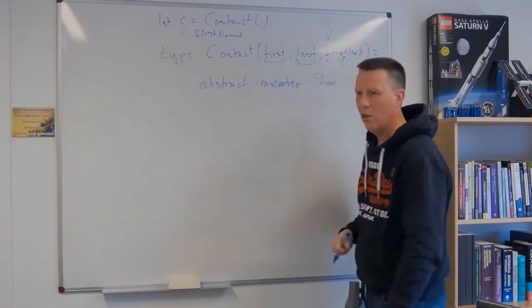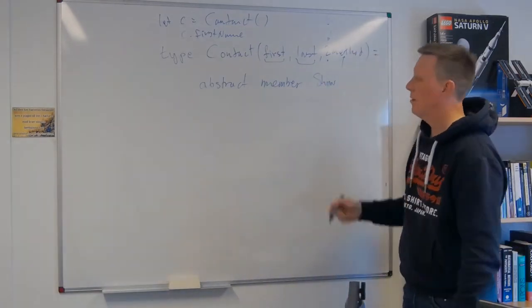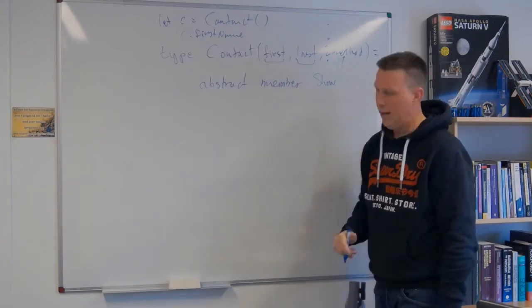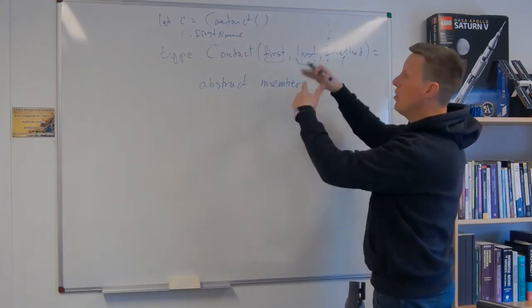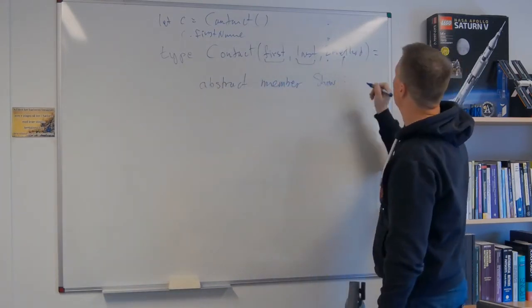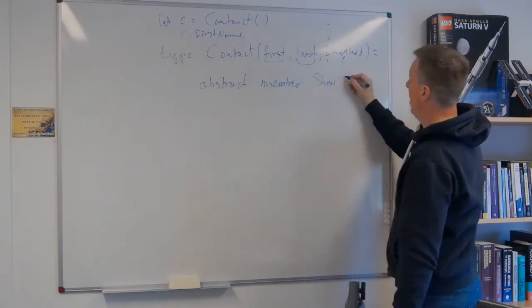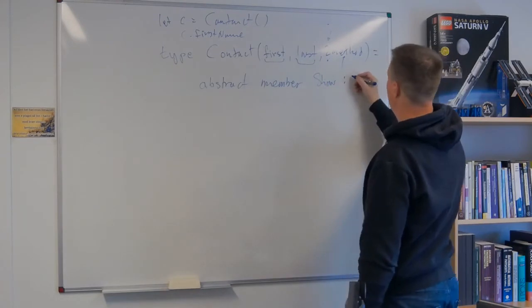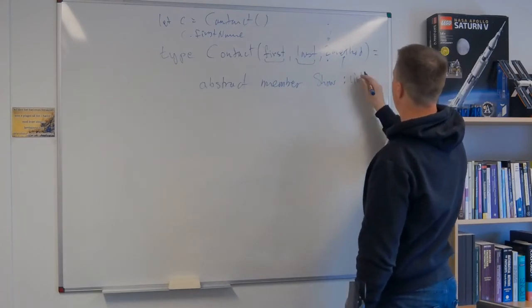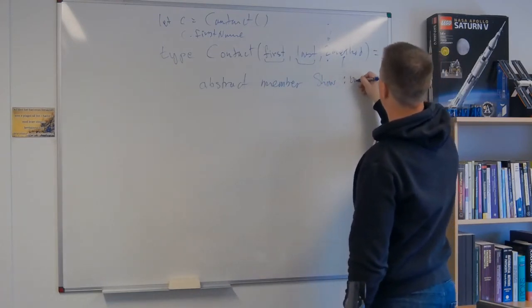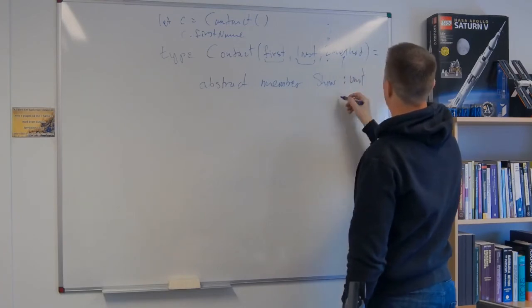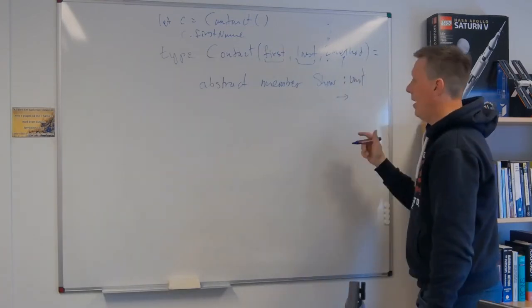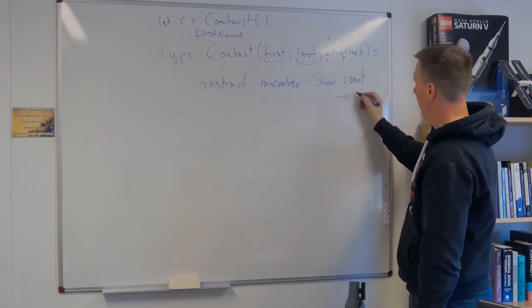show. So this will be an abstract member to show some stuff. It will just print it in some way, right? I'm just going to give this a signature. So I'm going to say this takes unit to string.